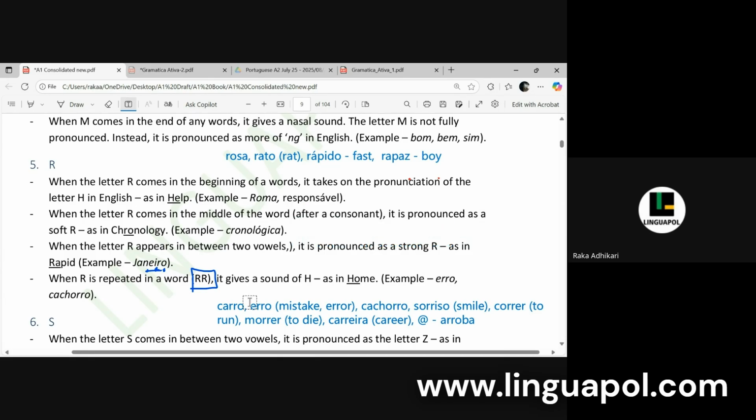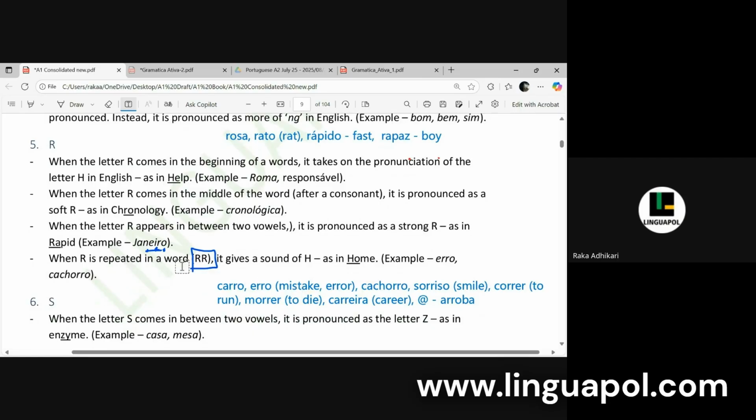Now let's come back to this. So this was our last rule of the letter R, which says that if the letter R is repeated in a word, then it will sound like ho. So as a conclusion, the first rule and the second rule, the sound is same. This one and this one, the sound is same.